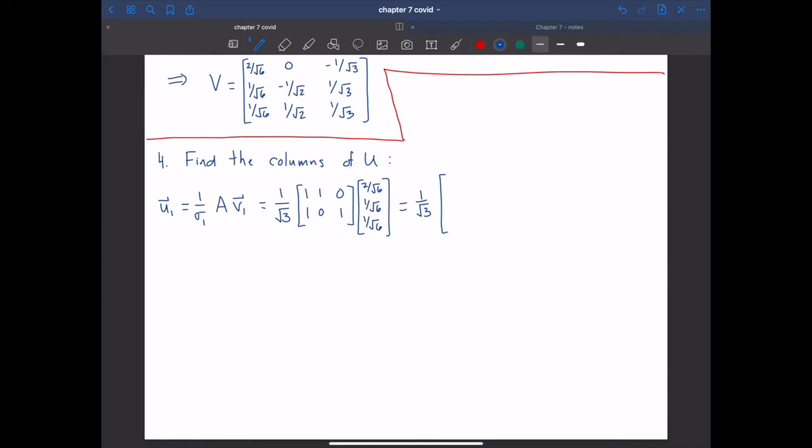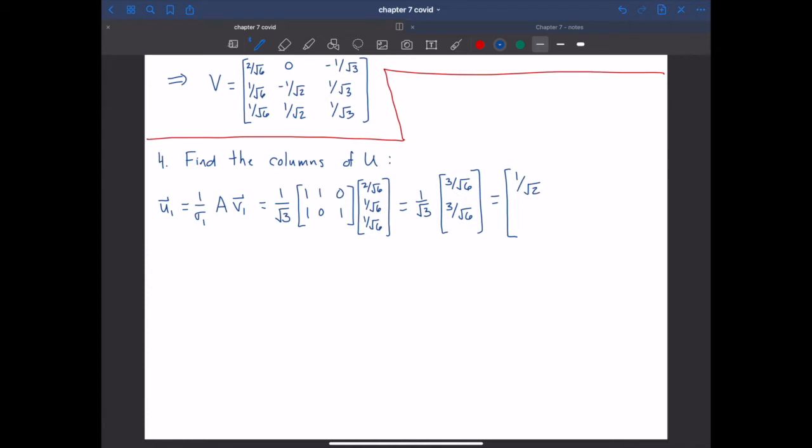So this gives me 2 over rad 6 plus 1 over rad 6 plus 0, so that's 3 over rad 6. And downstairs we get 3 over rad 6 again. Now if I multiply in the 1 over rad 3, I get rad 3 over rad 6, which is the same thing as 1 over rad 2.